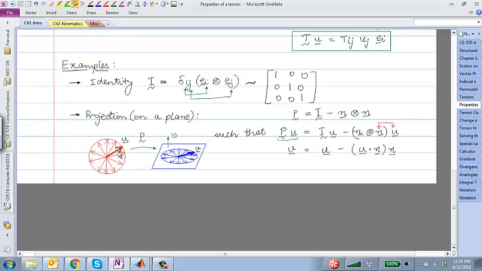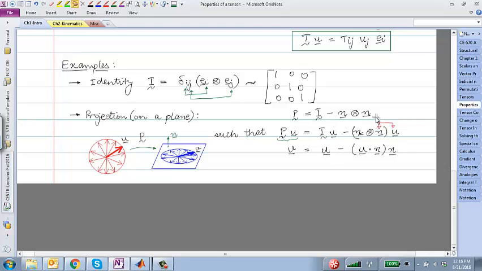So if I have any vector u, u dot n would capture the component of that vector in the direction of n. If I take all of that entire projection in the direction of n, subtract it from the original vector, what I would be left with would be this vector in that plane, right? So that's exactly what's happening. That's how this projection tensor works.